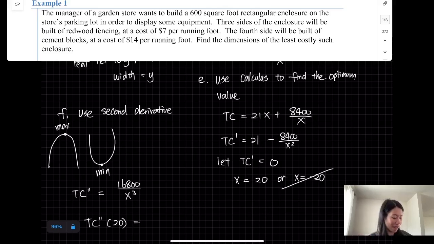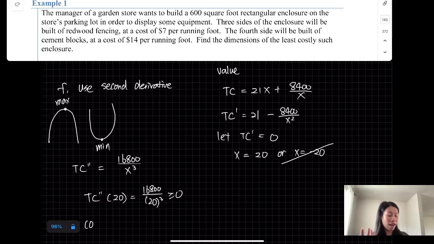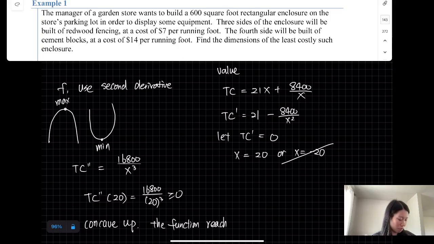We don't even need to know the exact number, as long as we know it's positive, because a positive number divided by a positive number, you will end up with a positive number. So this is positive, so that means at x equals 20, the function is concave up, which means we will have a minimum at x equals 20.